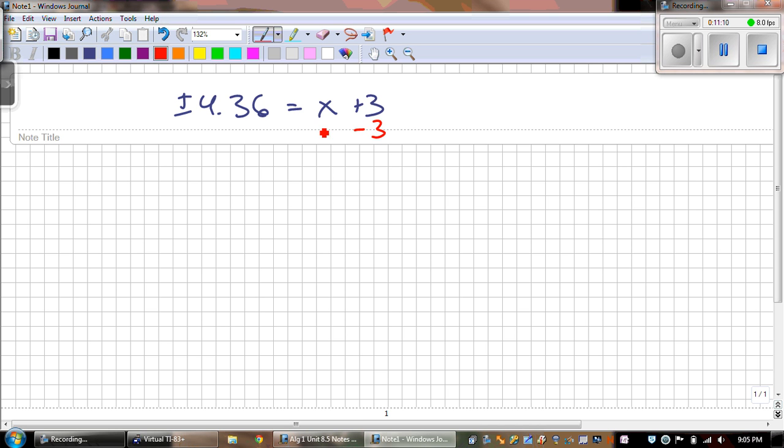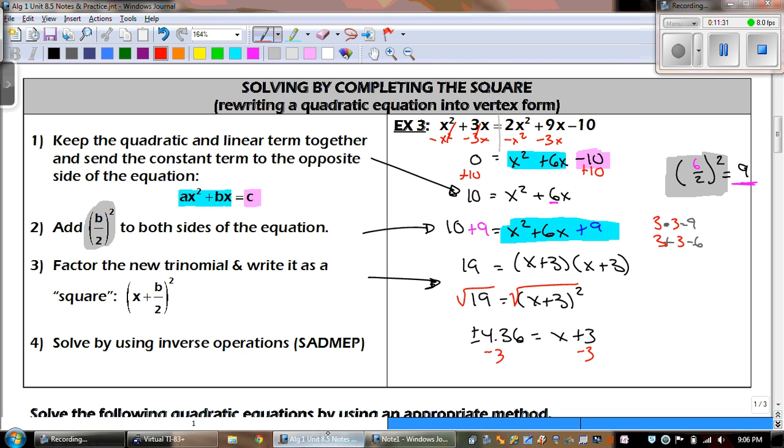So we subtract 3 from both sides, and we have our one equation of negative 4.36 minus 3, and another equation of positive 4.36 minus 3. And that's where we're going to get our two answers, okay? And those two answers end up being x equals negative 7.36 and 1.36.